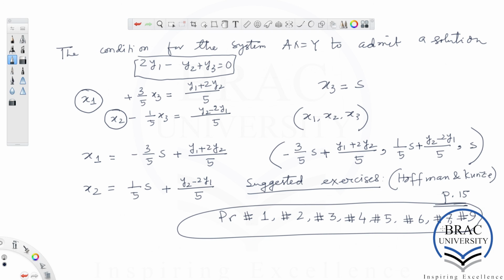Alright, so this is the end of lecture 3. Next lecture we will revisit matrix multiplication, and we'll interpret matrix multiplication as a linear combination of rows of the latter matrix.